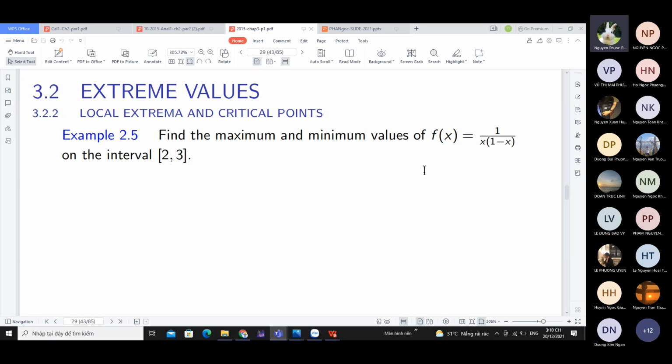Because the function f is just a rational function. And this rational function is well defined for any x except 0 and 1. And luckily 0 and 1 do not belong to the closed interval [2, 3]. That's why the function f is continuous on the closed interval [2, 3].